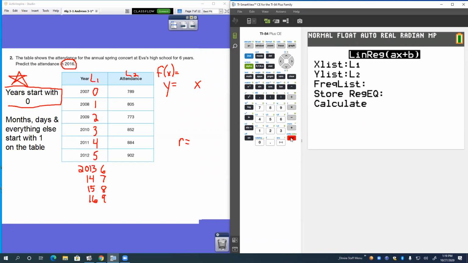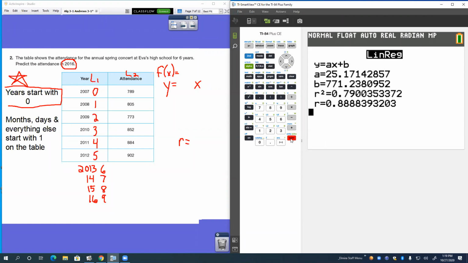Once you hit enter, it's going to ask you, do you want to use L1 and L2? Yes, we do. We want to use L1 and L2. So all that we're going to do is go down to calculate and hit enter on calculate. When that happens, it gives you all this information.